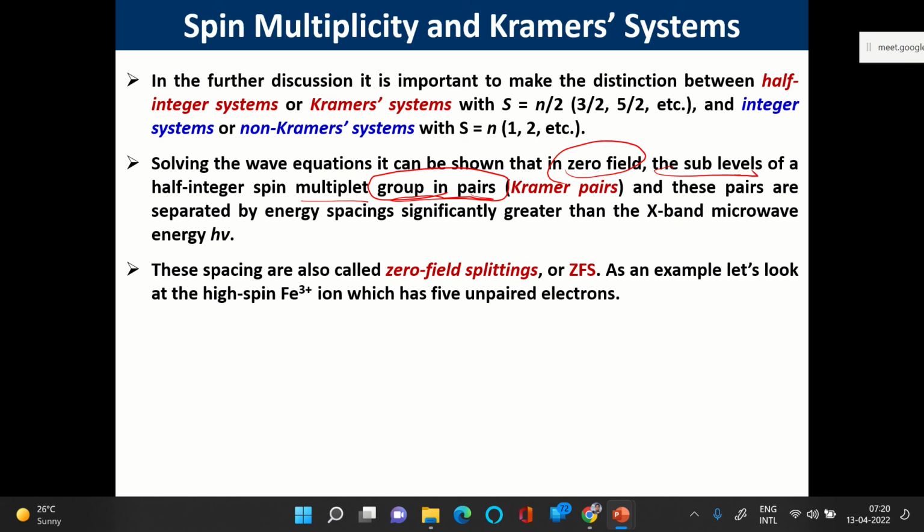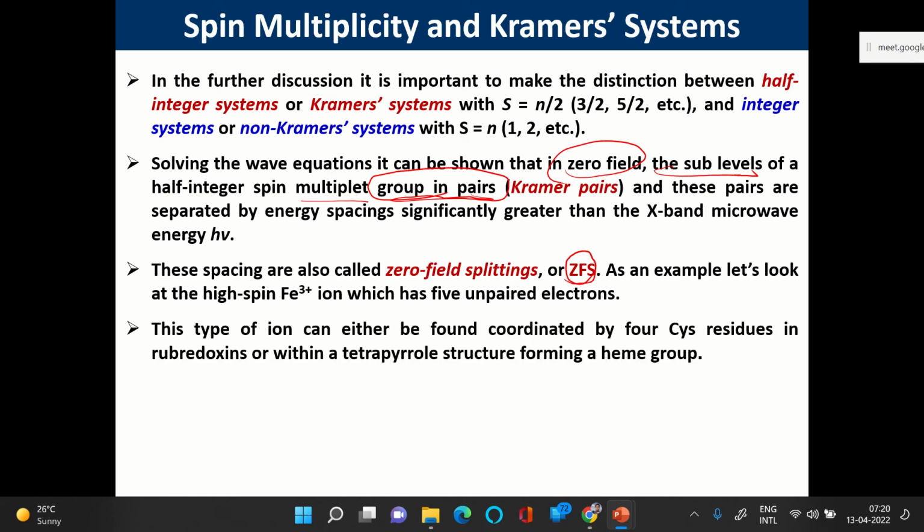In shorthand notation, we express this as zero field splitting, and the ZFS splitting factor is indicated by capital D. That's what we were looking at, the high spin Fe3+, for which S is equal to 5/2, capital S is 5/2.